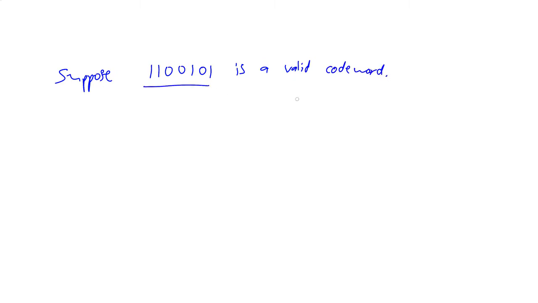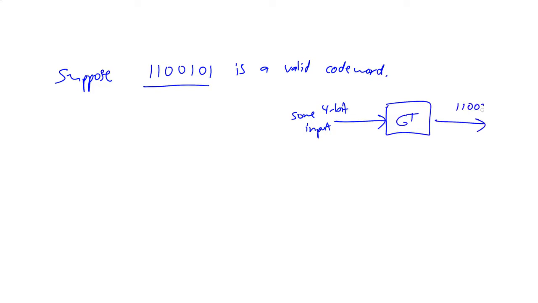Okay, so to put that visually, suppose that 1100101 is a valid code word. Now, I don't know if it is or not. I'd actually have to check. I don't have it memorized. But let's just say for a second that that is a valid code word, which means there's some 4-bit input that when you stick it through G transpose, you get out 1100101, right?